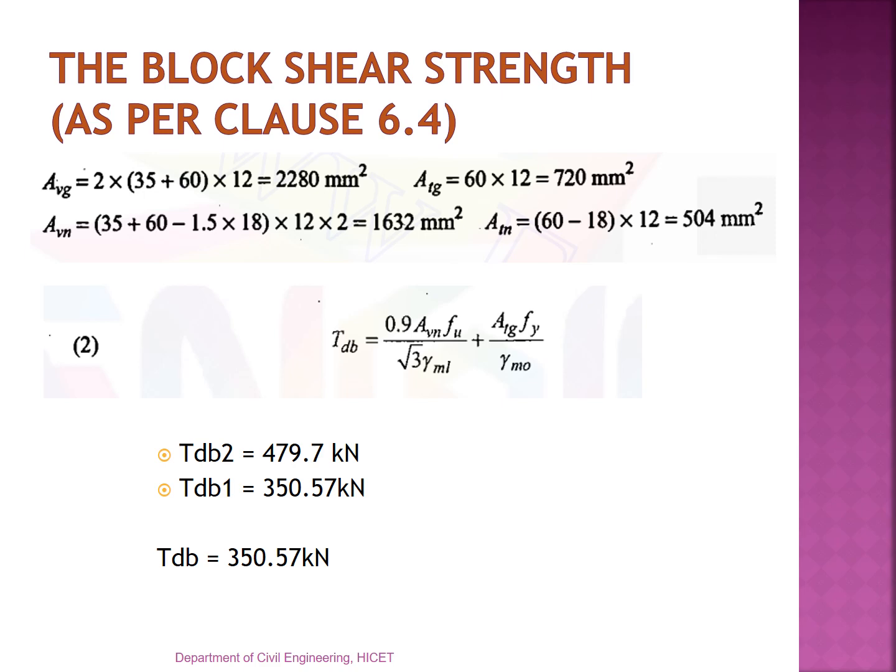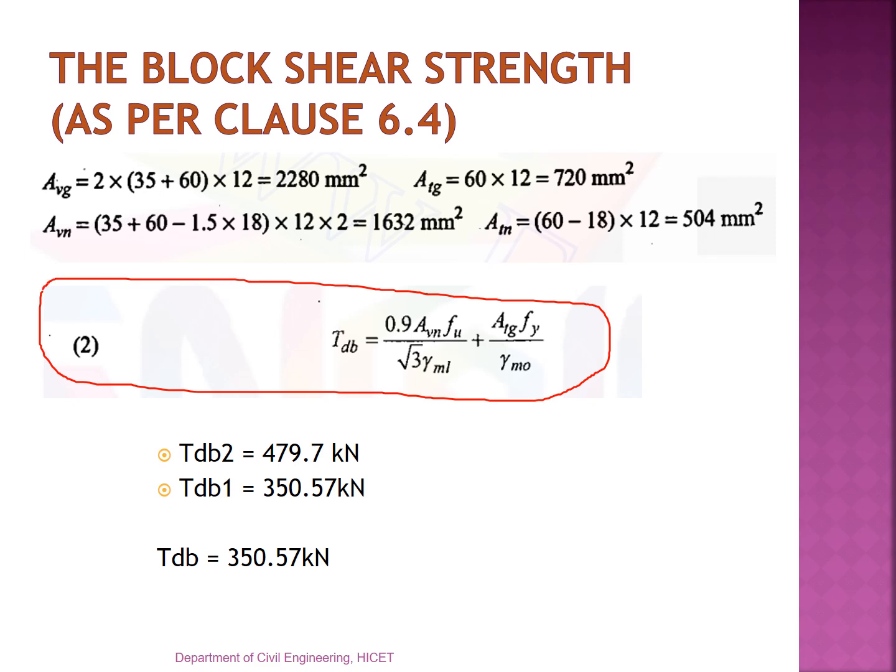Next, as per clause 6.4, the design tensile strength due to block shear, the second formula is 0.9 AVN Fu divided by root 3 gamma m1 plus ATG Fy divided by gamma m0. We already have the values: Fu is 410 Newton per mm squared, Fy, the yield stress of steel, is 250 Newton per mm squared.